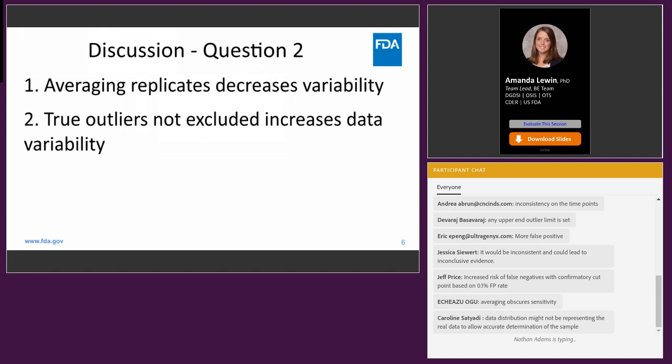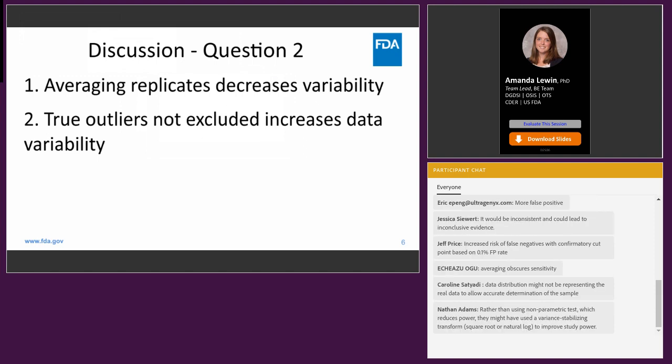So a general point on outliers, though, we do recognize that these are plate-based assays, right? So they are inherently more variable. However, we do want to ensure that the variability included in our cut point determinations is not due to the outliers and instead is representative of the assay variability, right? So if you limit your outlier removal, you risk keeping true outliers within your data set for that cut point determination.